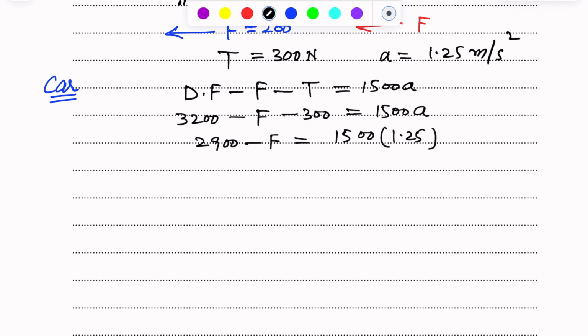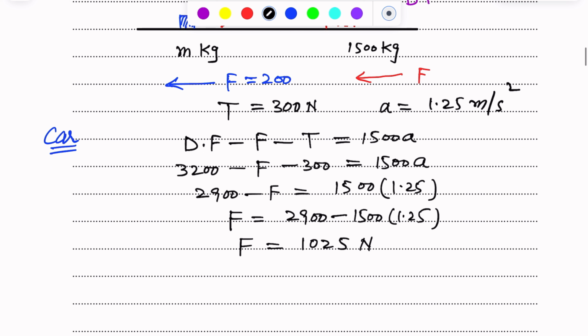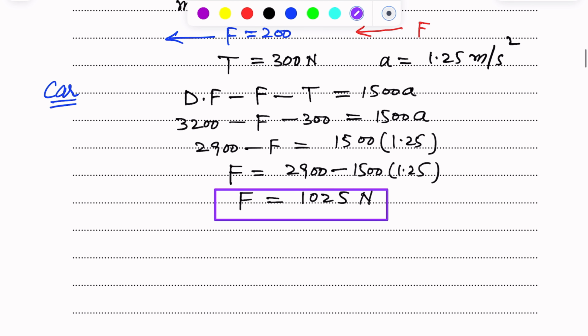So F will be 2900 minus 1500 into 1.25. So we get F equal to 1025 Newton. This is the resistance force. This is the answer.